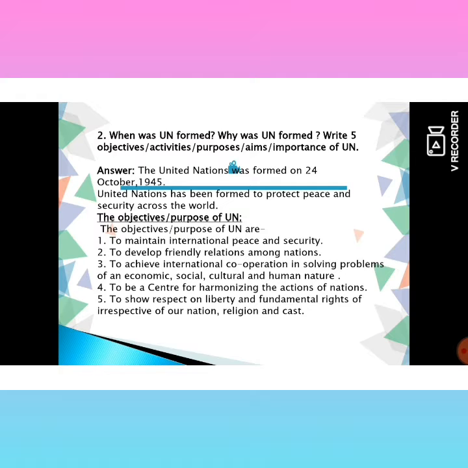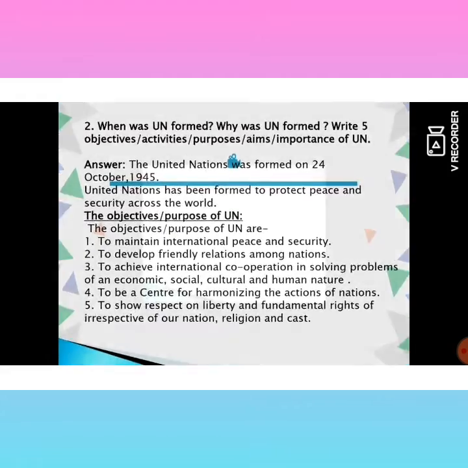And number 5, last one, to show respect for liberty and fundamental rights irrespective of nation, religion, and caste. These are the 5 objectives or aims of United Nations. Most important question, you will memorize carefully and sincerely.